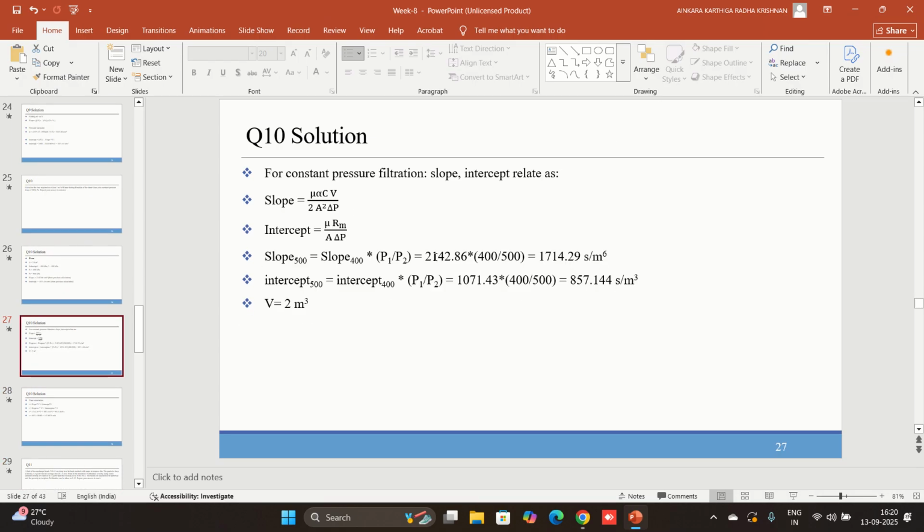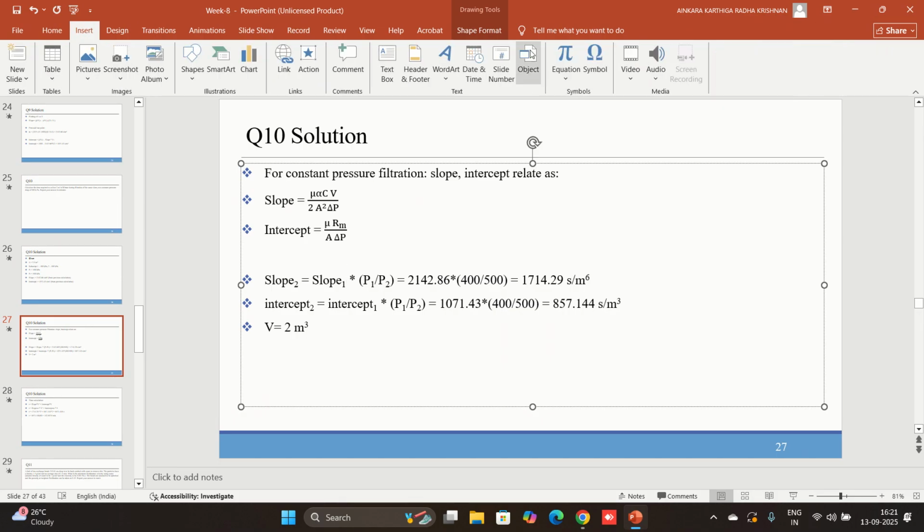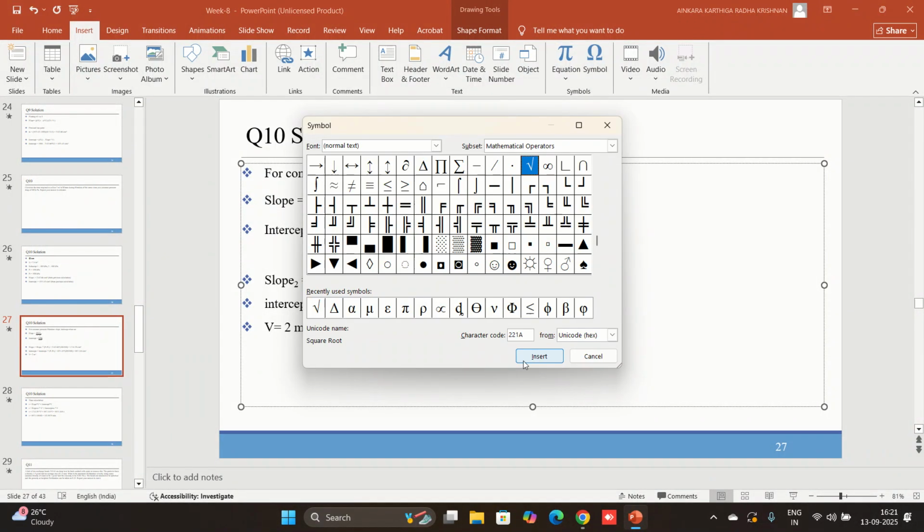By now we know slope is inversely proportional to delta P. I'm just changing the notation because it is quite confusing, so we should add a delta symbol.